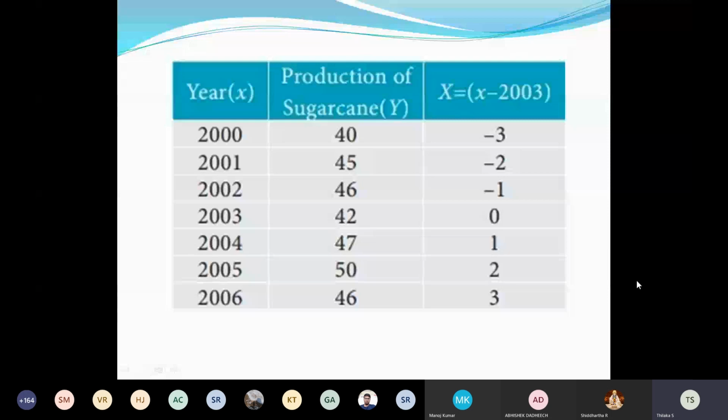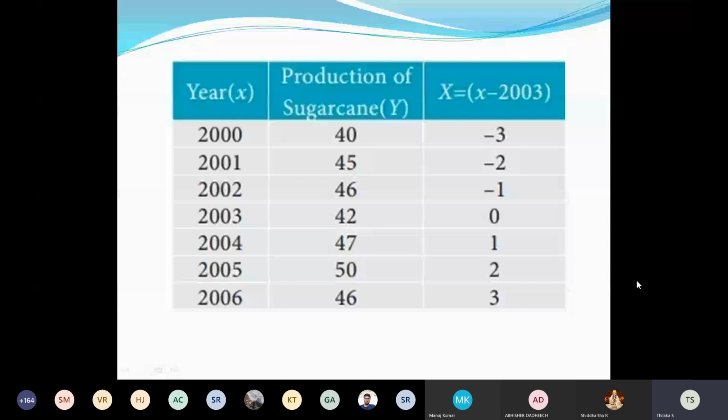Likewise 2001 minus 2003 is minus 2. 2002 minus 2003 is minus 1, and we already put the value for the mid-year 2003, so that's 0. So 2004 minus 2003 is equal to 1. Likewise 2006 minus 2003 is equal to 3. Likewise we have to assign the values for the time period. To satisfy the condition, we put the value 0 for the mid-year if it is an odd number of years.